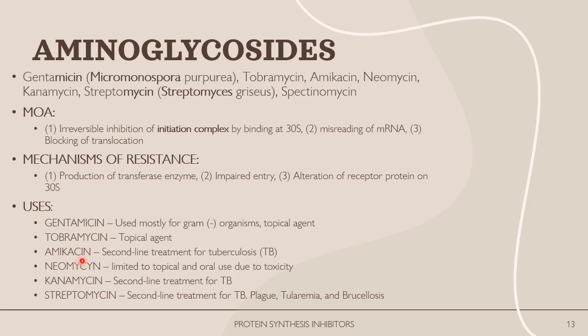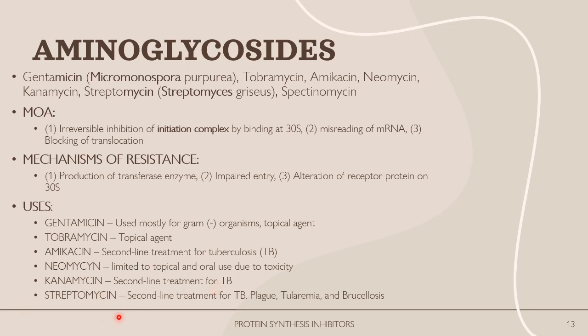Tobramycin and neomycin are reserved for topical use, no? Because they are very toxic, no? Nephrotoxic, vestibulotoxic. Okay. Amikacin, kanamycin, and streptomycin, those three, are reserved for second-line treatment for tuberculosis. So this is given in patients with resistant TB.